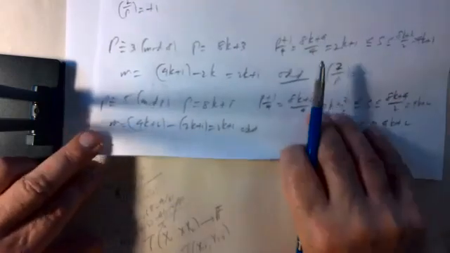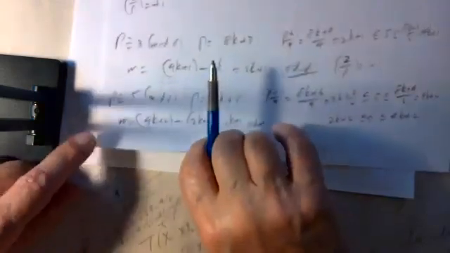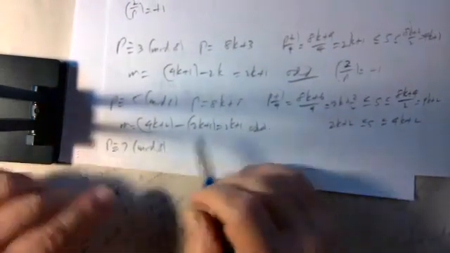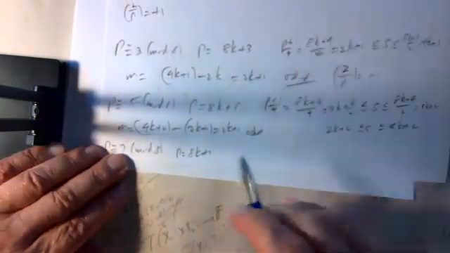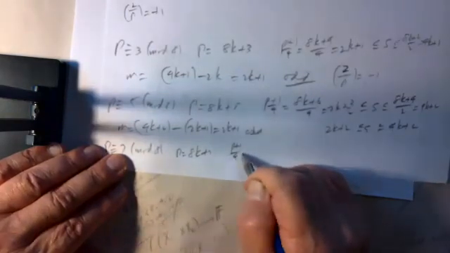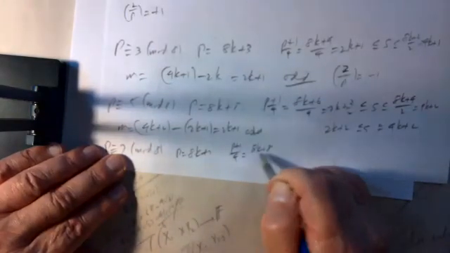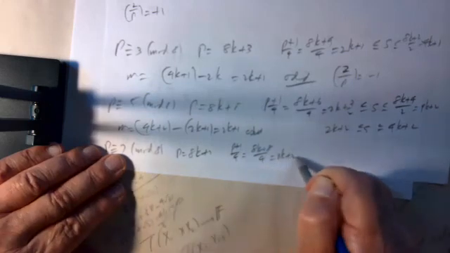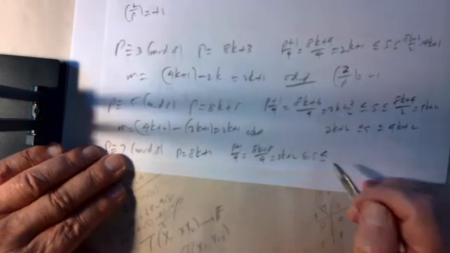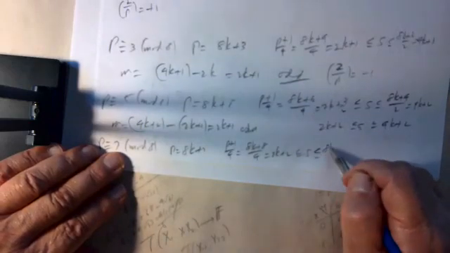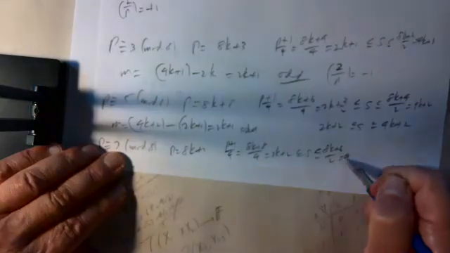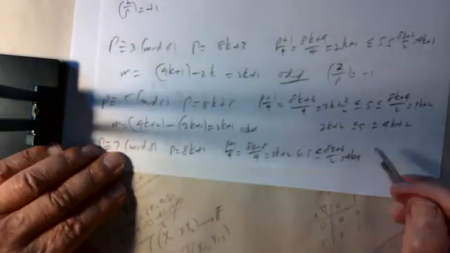And let me see if I can squeeze in the last calculation right here. If p is congruent to 7 mod 8, p is 8k+7. So (p+1)/4 is (8k+8)/4, which is 2k+2, less than or equal to s, less than or equal to (p-1)/2, which is (8k+6)/2, which is 4k+3.